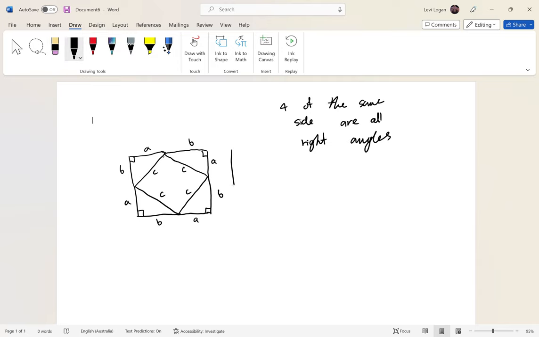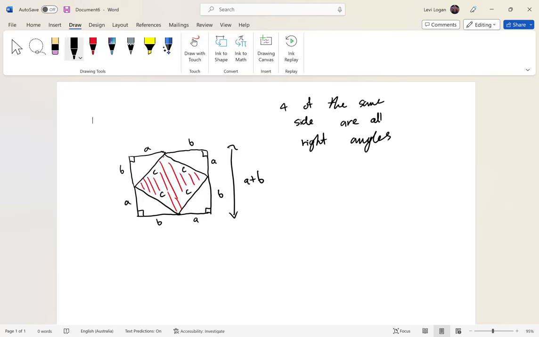Okay, so this side here is A plus B, and they're all A plus B. We have 2 squares in our midst. So we have the square A plus B. We also have one on the inside that we can see in here. Okay? What would be the area of that little square?